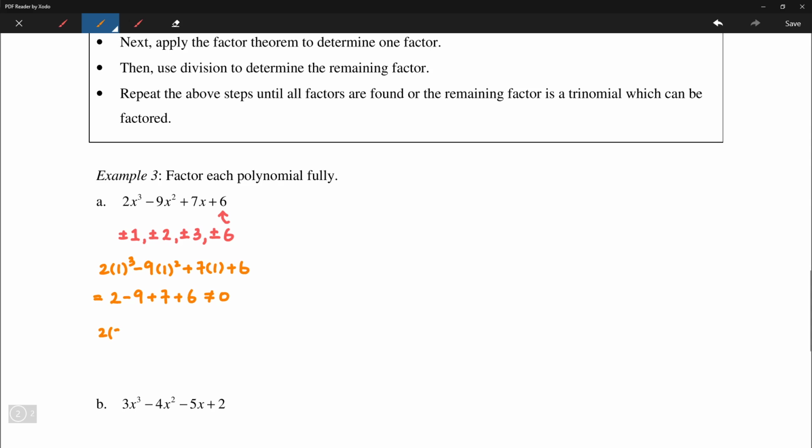So we have 2 times 2 cubed minus 9 times 2 squared plus 7 times 2 plus 6. So in this case, that will be 16 minus 36 plus 14 plus 6, and that is indeed 0. So what that tells us is x minus 2 is a factor.